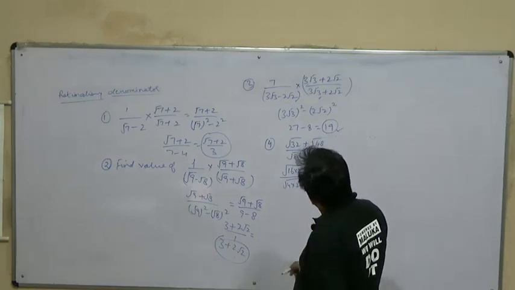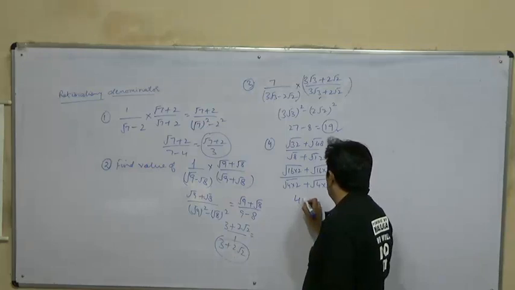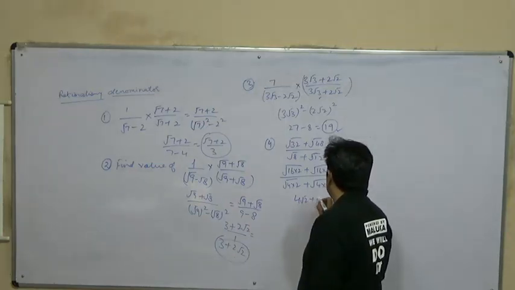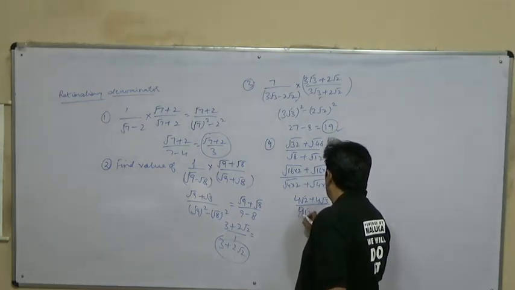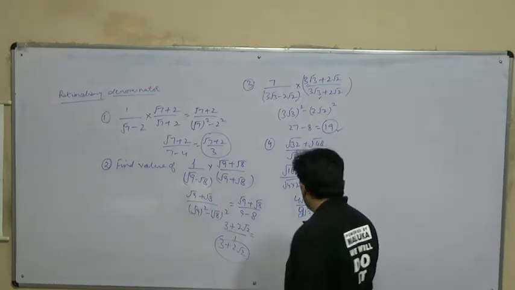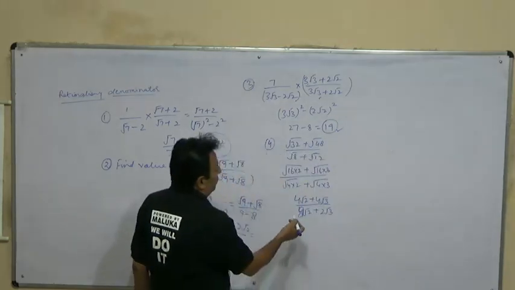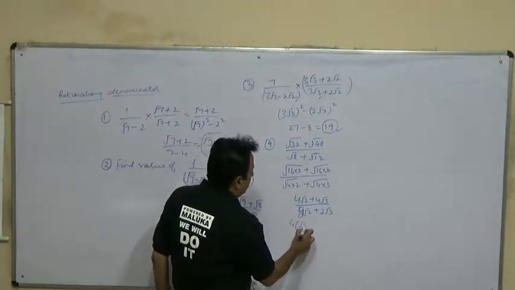Now under root 16 is 4. So this will be 4 root 2 plus 4 root 3 upon 2 root 2 plus 2 root 3, since under root 4 is 2. So taking out the common, we take common 4 from the numerator and 2 from the denominator.